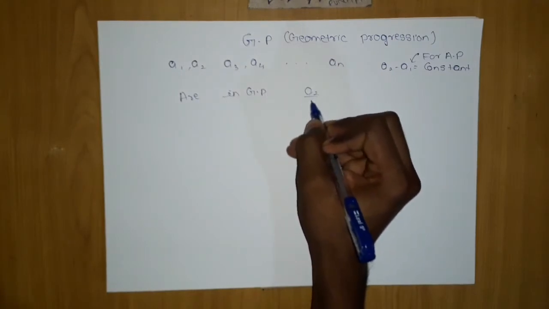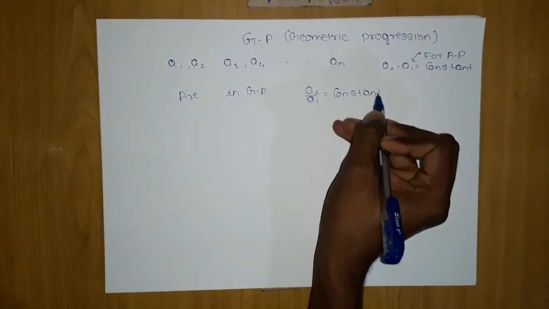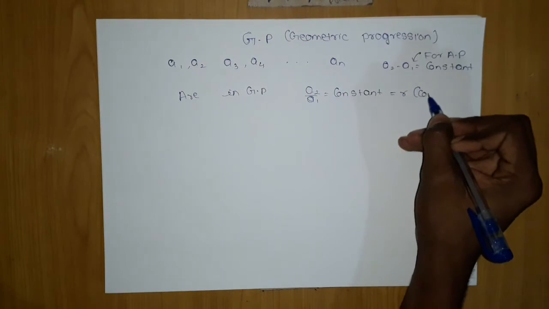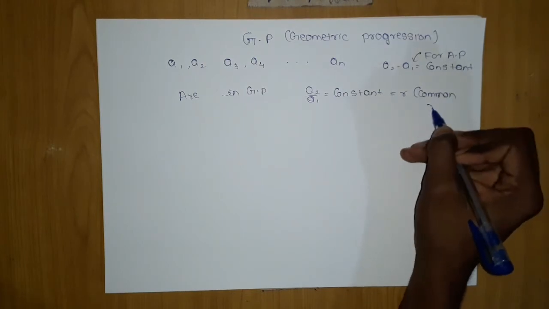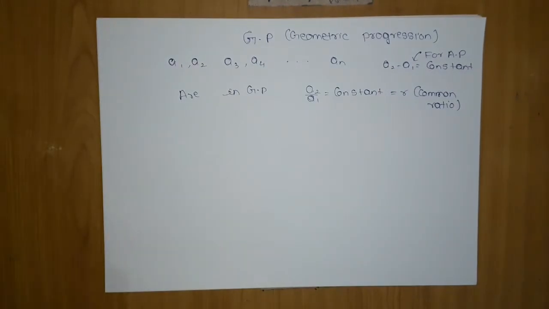That A2 by A1 is constant. Then only it is a GP. And this constant is called R, which means common ratio.